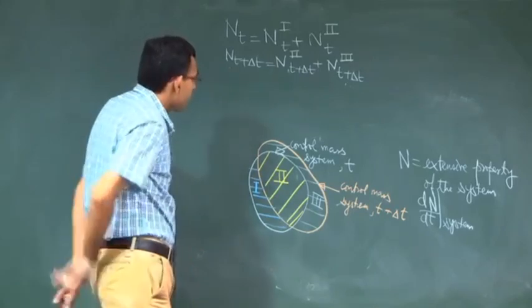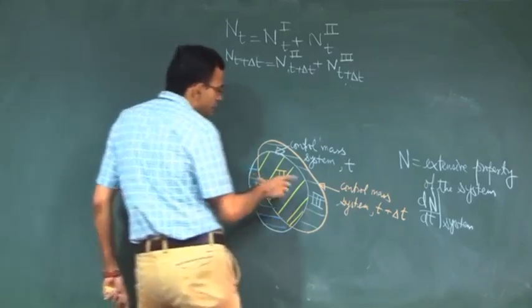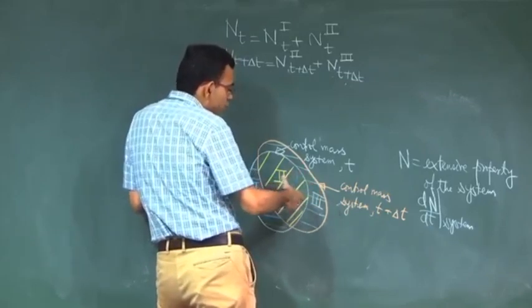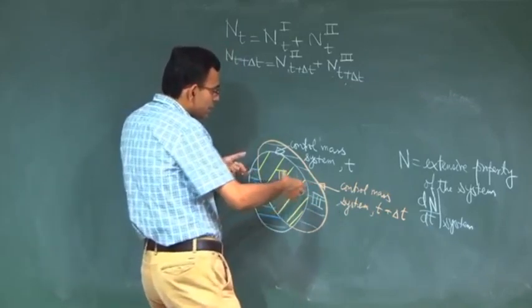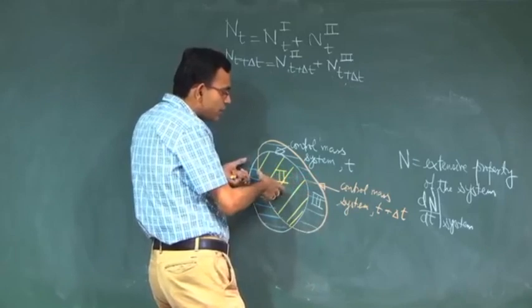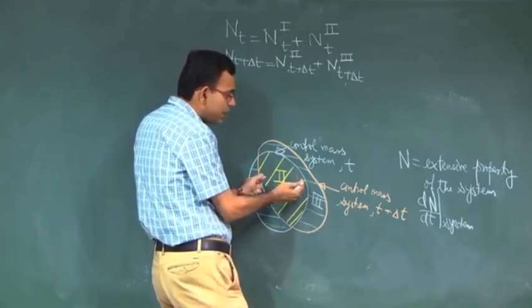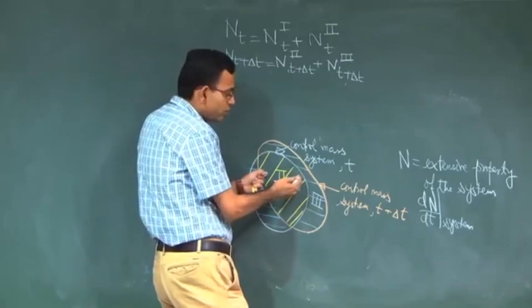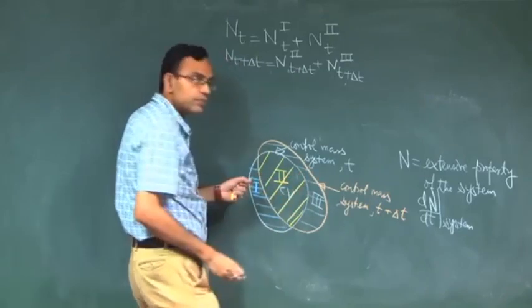So, now one important thing to recognize is that when delta t tends to 0, these two configurations are so much overlapping that their common region can be thought of as our region of interest, which we call as control volume.